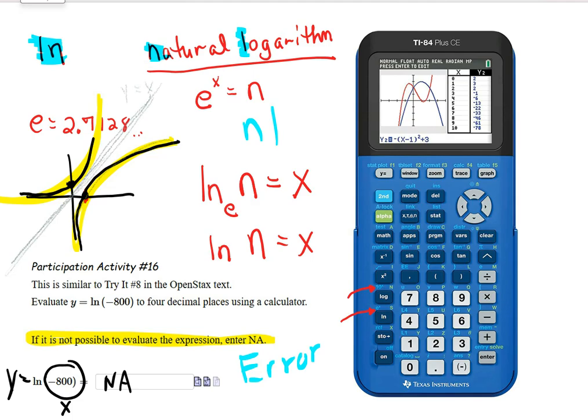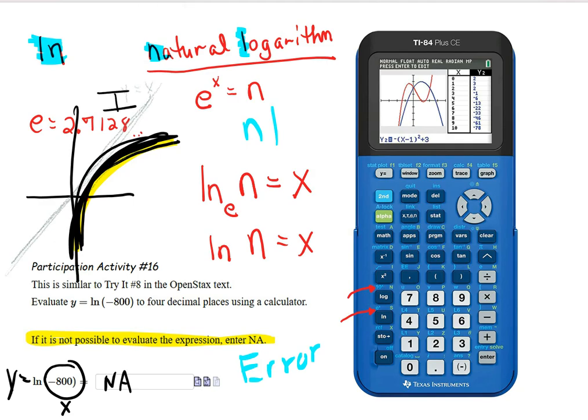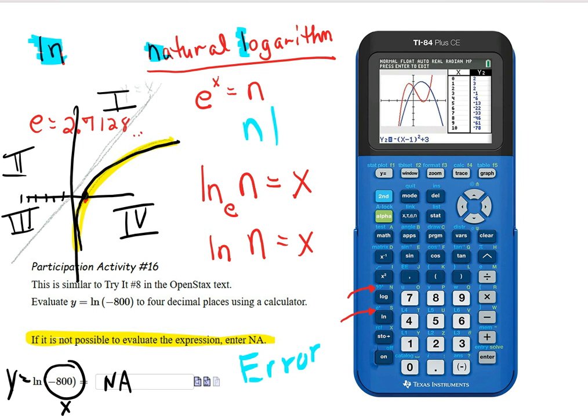But let me erase the exponential function. We just want the logarithmic function. This logarithmic function right here is only in quadrants 1 and 4. It never crosses over into quadrants 2 or 3, and that is where all your x coordinates are that are negative.